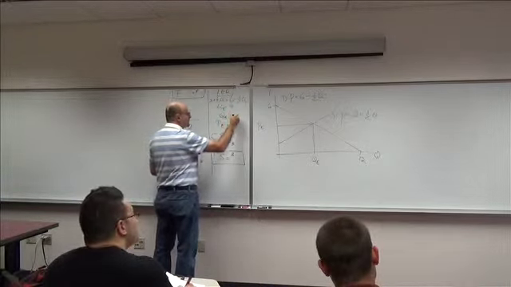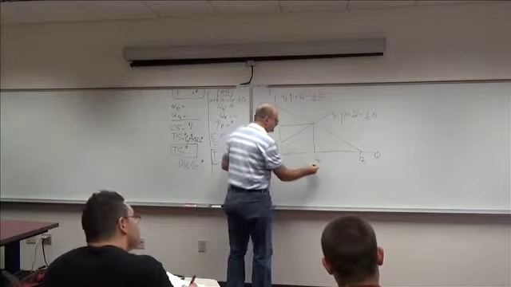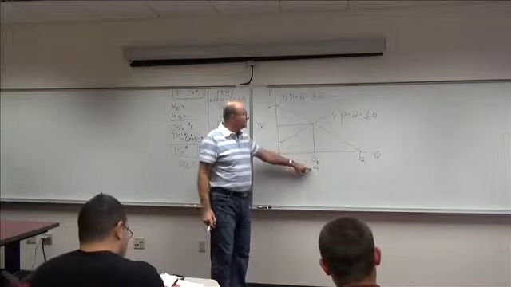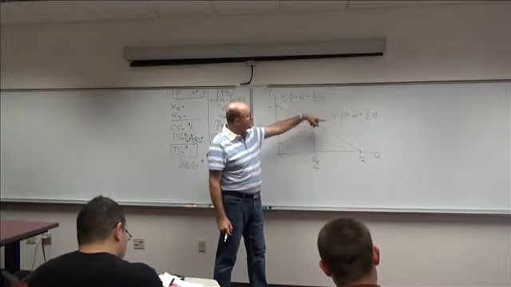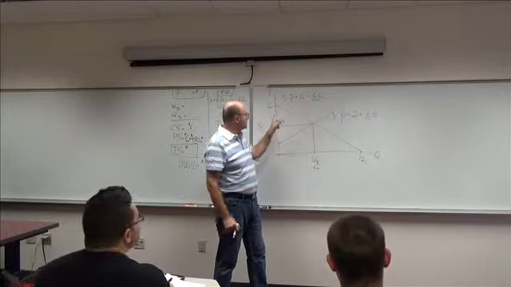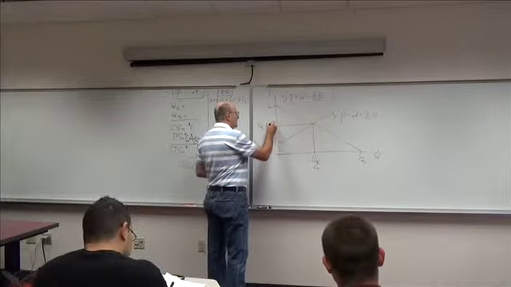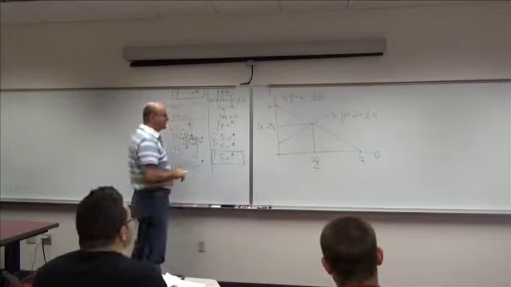Equilibrium quantity is 4, correct? Plug quantity 4 into either demand or supply: you get 6 minus 2 is 4, 2 plus 2 is 4. Equilibrium price, $4, correct?